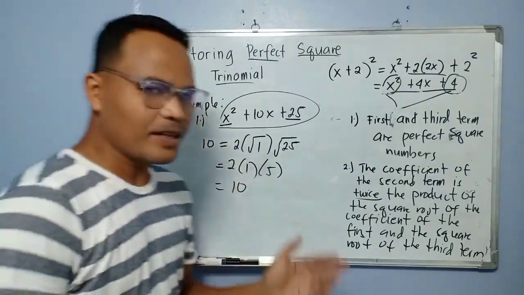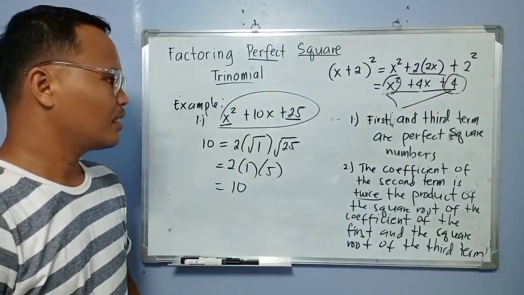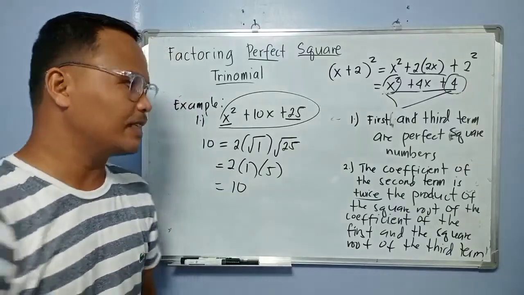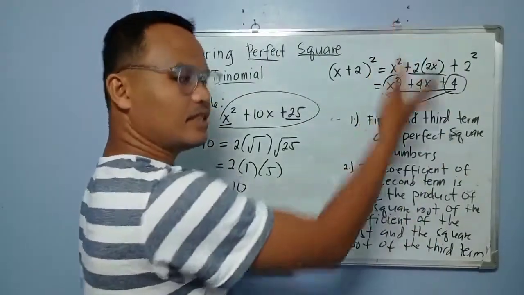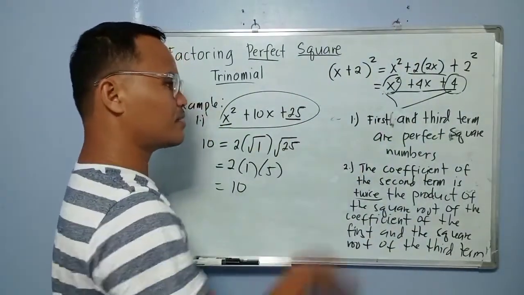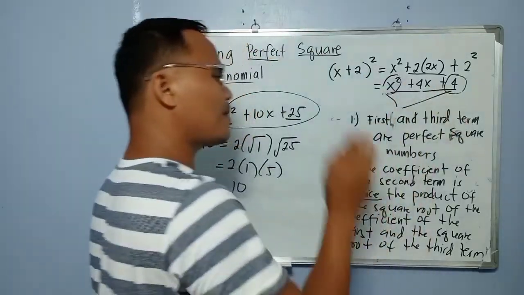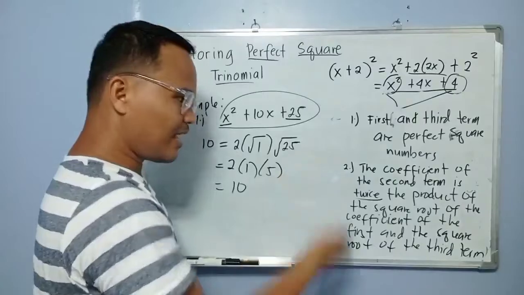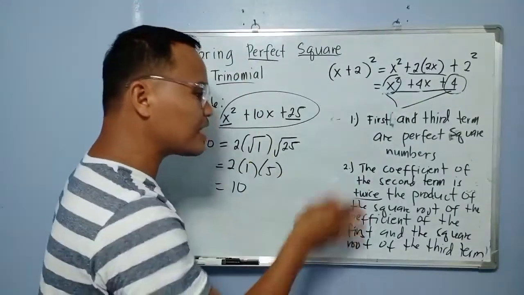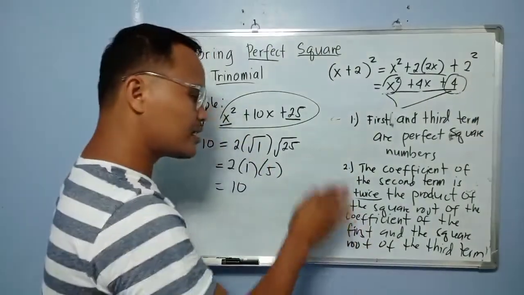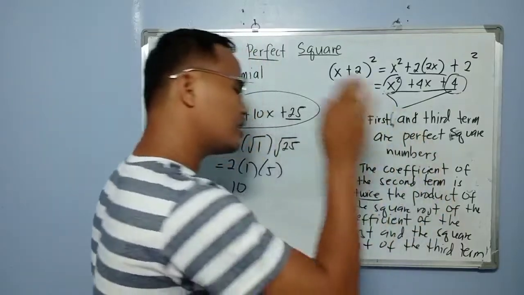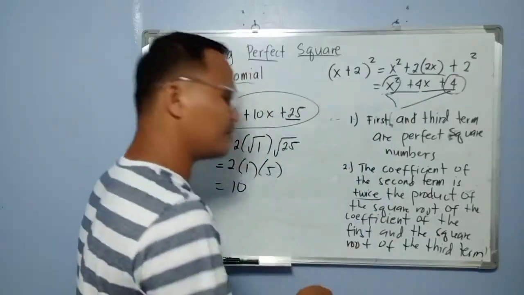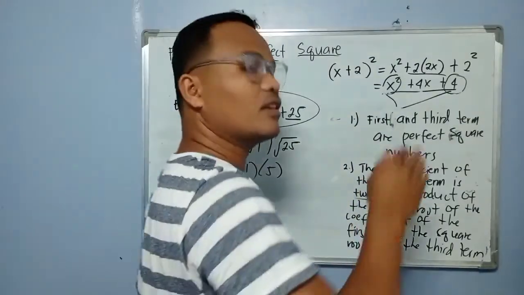Again, in order to determine that a trinomial is a perfect square trinomial, let us consider these conditions. The first condition is first and third term are perfect square numbers. Then, second condition, the coefficient of the second term is twice the product of the square root of the coefficient of the first term and the square root of the third term.